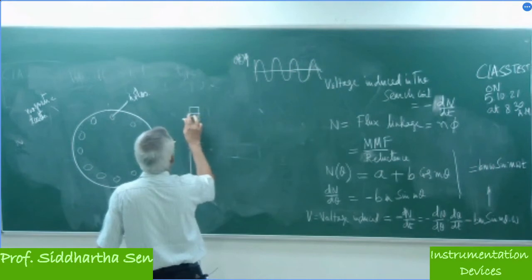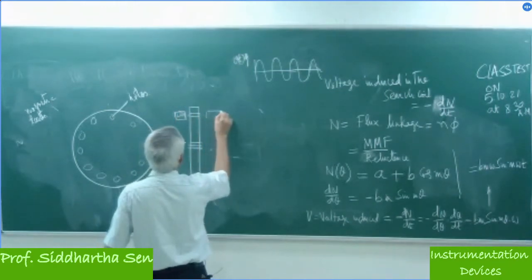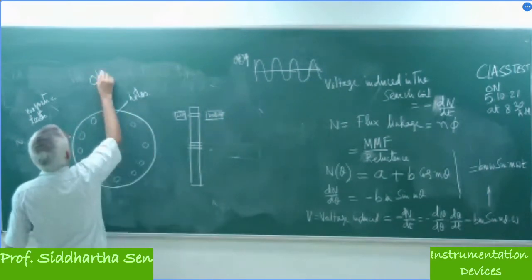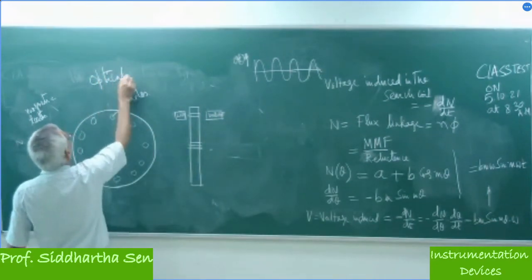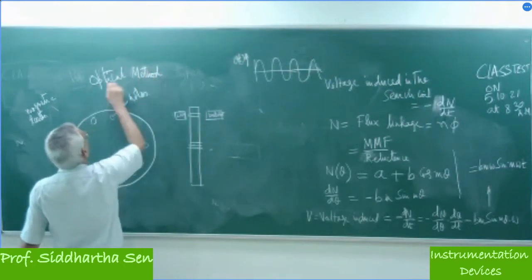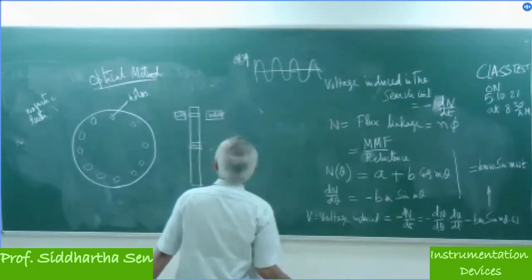So what will happen if we put some LED and here you put some detector, an optical detector. So this is an optical method. So we will get an LED and a detector.